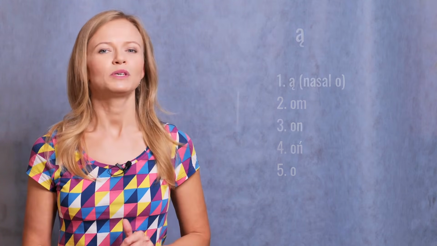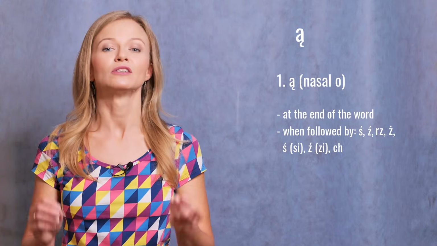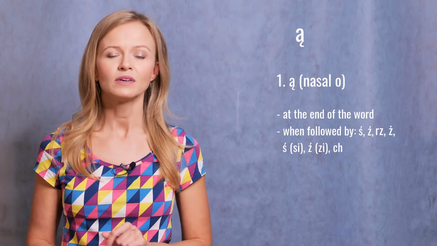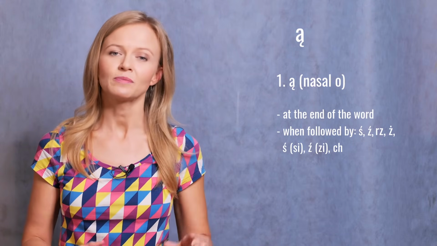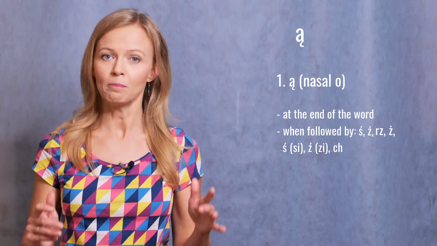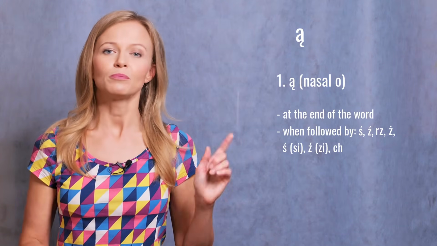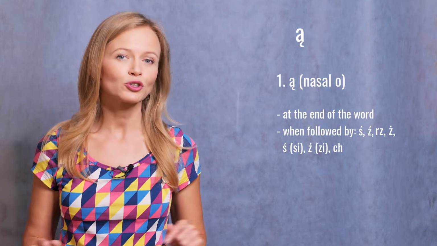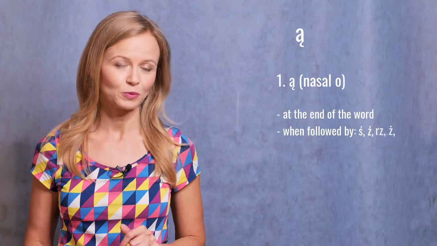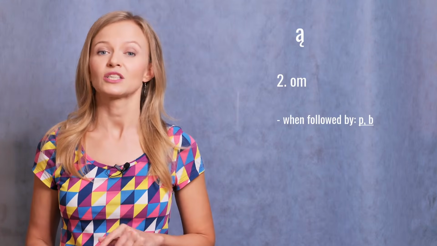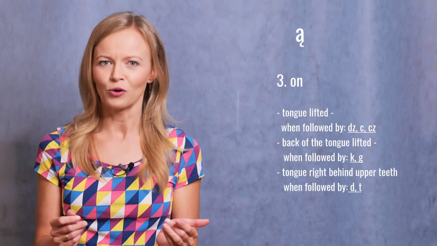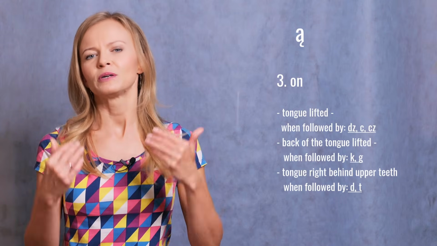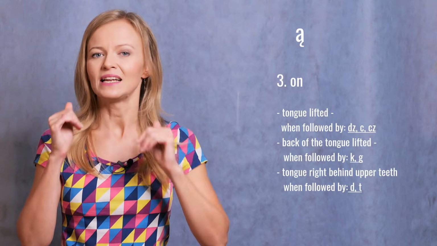You know that it can be pronounced as nasal o, on, either at the end of the word, like idą, mamą, or before these letters, like mąż or gałąź. It can be pronounced as if it's followed by P or B. It can be pronounced as on, either your tongue is a bit lifted.